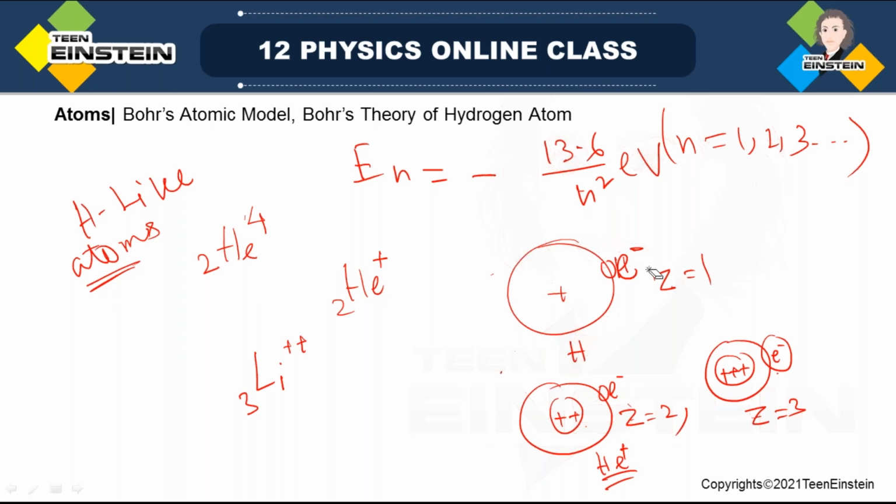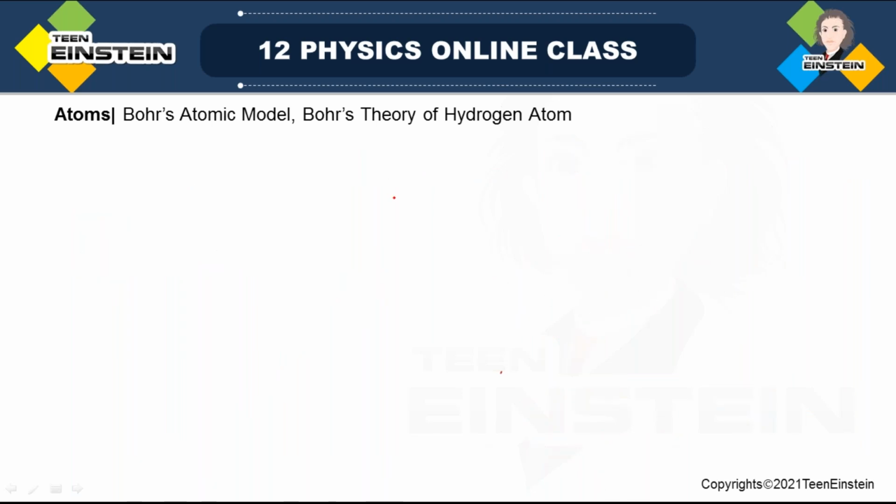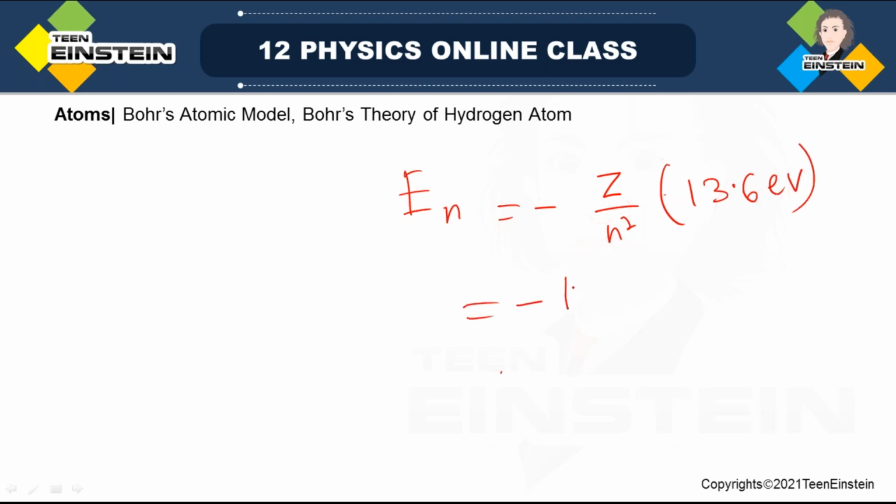So for them, what is the total energy for any orbit? How can you write it? I'll write and then I'll stop the class. En will be is equal to minus 13.6 electron volt into Z square by n square. That will give you the energy of any hydrogen-like atom.